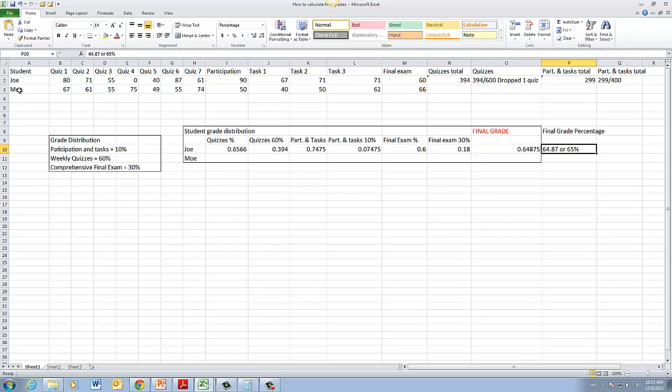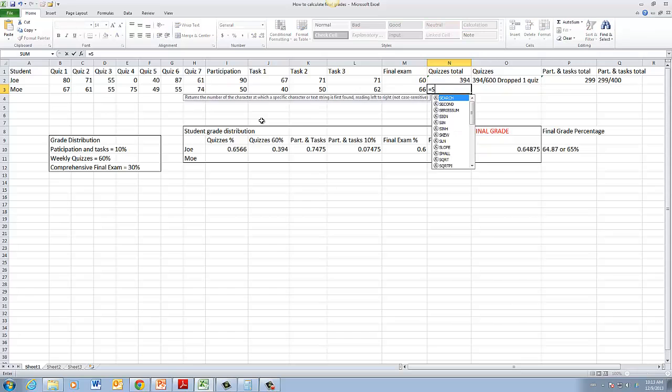Now let's look at one more student. Let's look at Mo here, and we're going to do the same thing. Now you can use a calculator, or if you use Excel, you can use the formulas. So let's first look at the quiz totals for Mo. Now to use the formulas, to add, I'm going to do an equal, and then I'm going to do a sum.